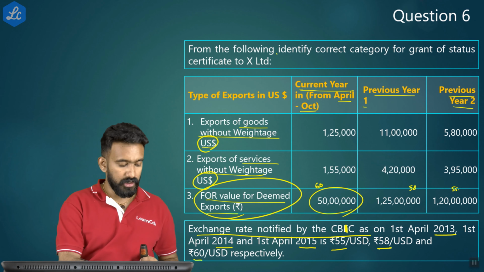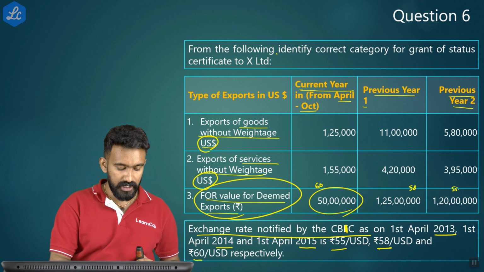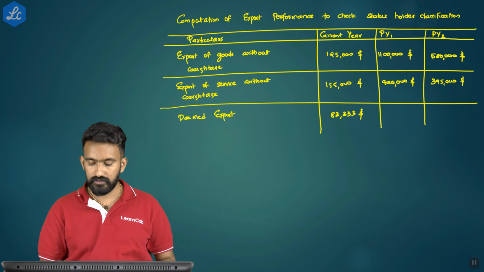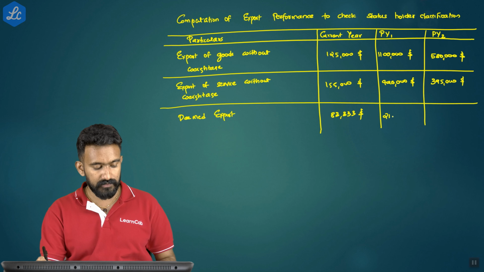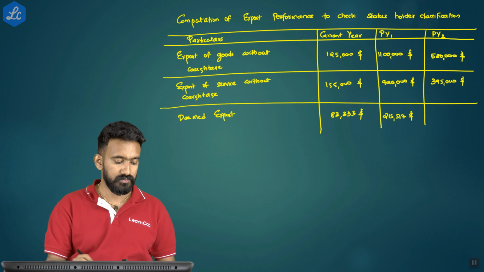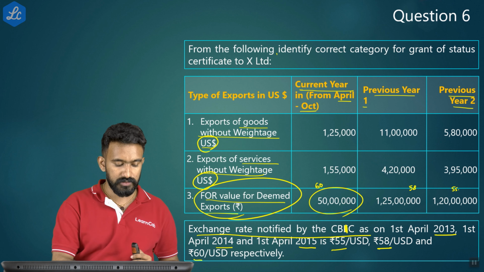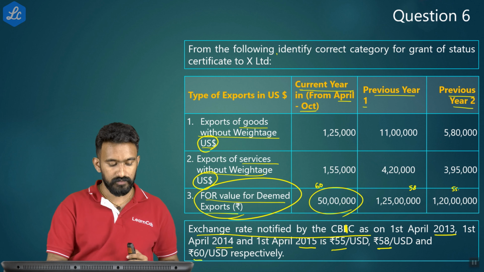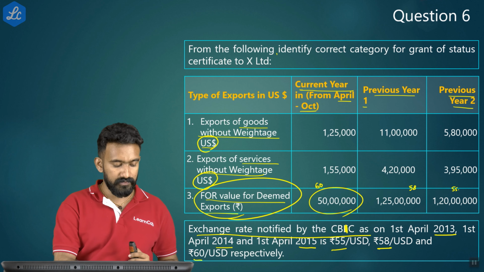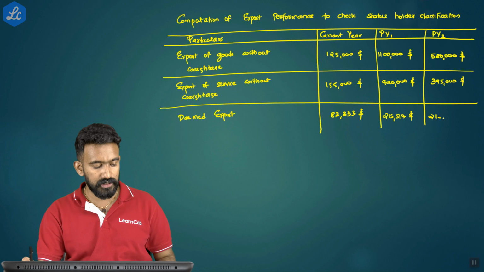Then 1 crore 25 lakhs divided by 58 would give you 2,15,517. Then 1 crore 20 lakhs divided by 55 will give you $2,18,182.